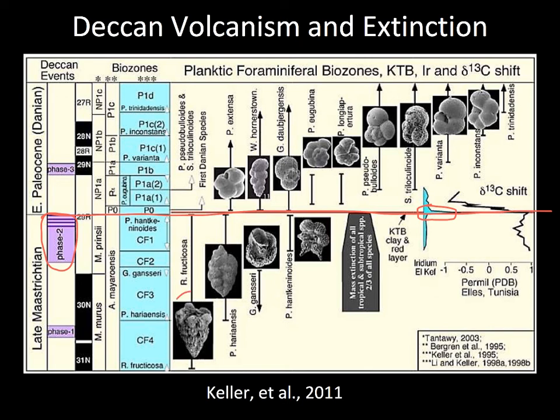A lot of these Cretaceous forams go extinct right after phase 2 of Deccan volcanism. And also we see the emergence of a lot of new Tertiary forams right after Deccan volcanism, and some more later here. So this is further evidence that Deccan volcanism played a role in the end Cretaceous mass extinction.